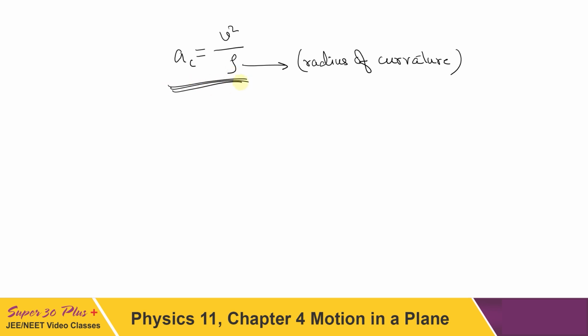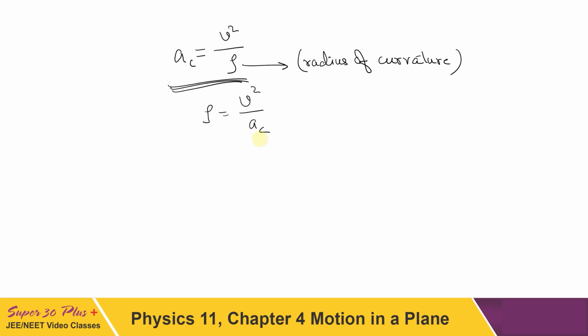And this is very important. You will get a number of questions in which it will be asked to calculate radius of curvature for a given curve, and this is the manner in which you have to calculate its value. Radius of curvature can be written as v square upon a_c. Do remember, velocity will always be along tangent, and this is centripetal acceleration in denominator, so this has to be perpendicular to velocity.